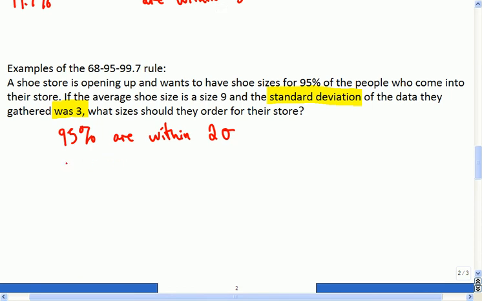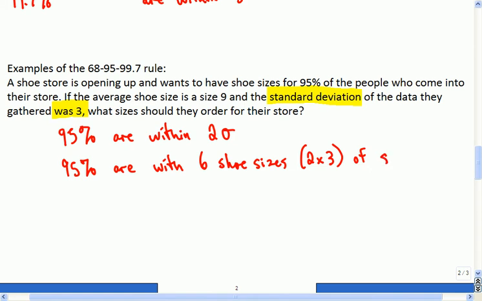So we could say 95% are within 6 shoe sizes, because that's 2 times the standard deviation of 3 of size 9.